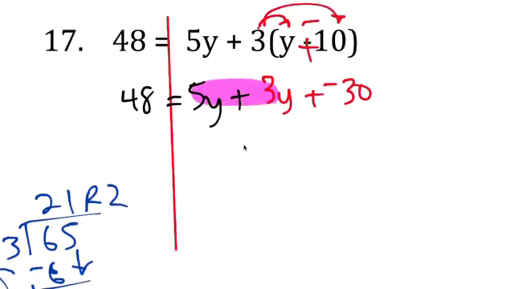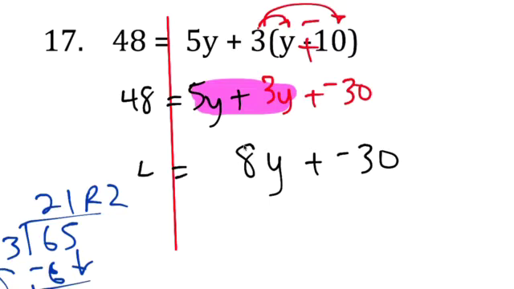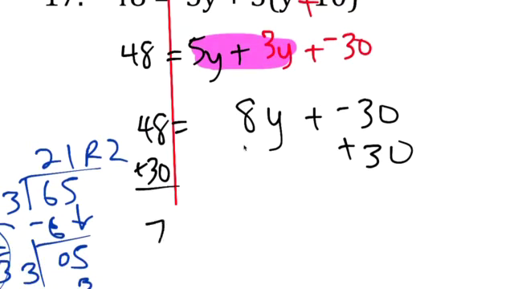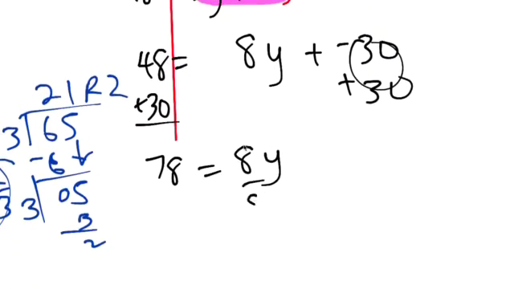Combine these two because they both have y's. You get 8y plus negative 30 equals 48. Add 30, add 30. 78 equals, that's 0 plus 8y is 8y. Divide by 8.